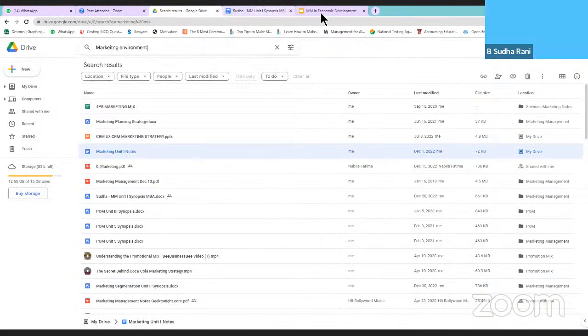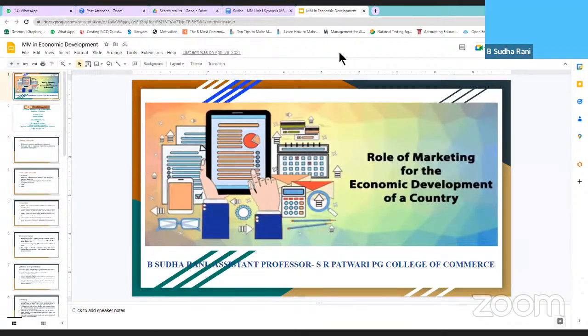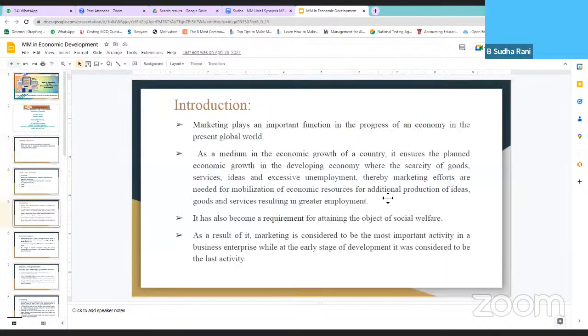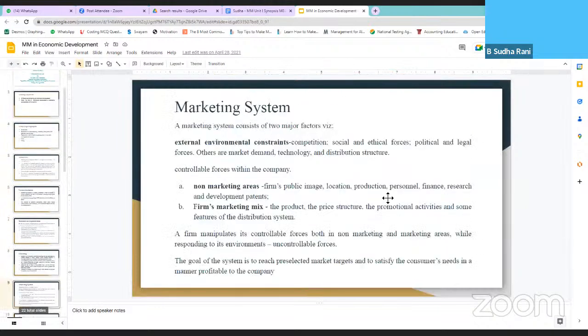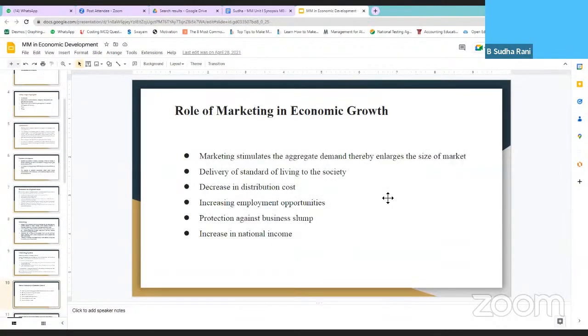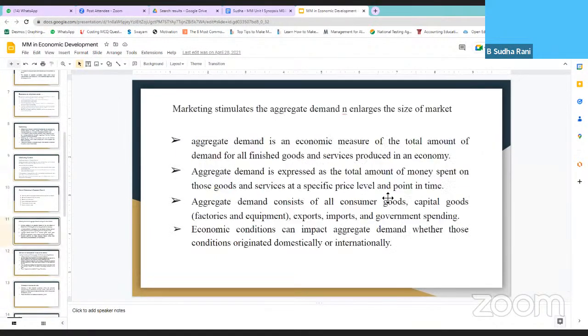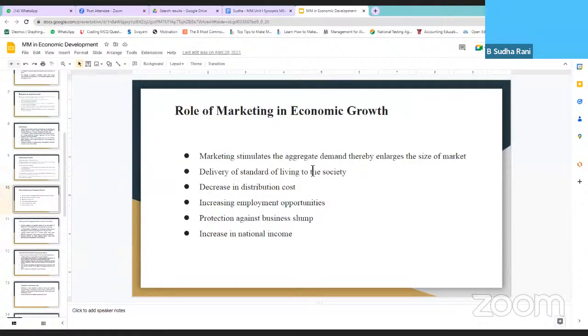Let me say about the marketing environment. This is economic development, which is also important. I'll move on to the marketing environment after completing the role of marketing in economic development.